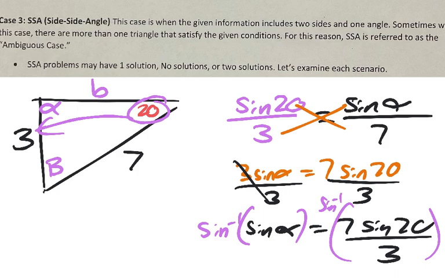And so when this happens, you're going to have 2 solutions. I'm going to have to solve out everything for this triangle and solve out everything for this triangle.